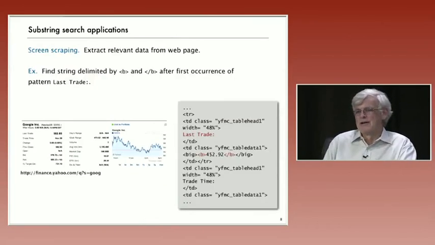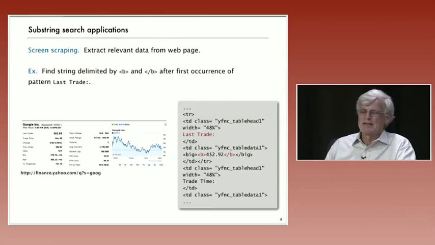Here's another kind of application. This is called screen scraping. So we might want to, and you can write programs to do this, extract relevant data from a web page. And the idea is that there's different institutions out there that are committed to providing information on the web, and they'll promise to, for example, this is Yahoo's page that gives the stock price of Google.